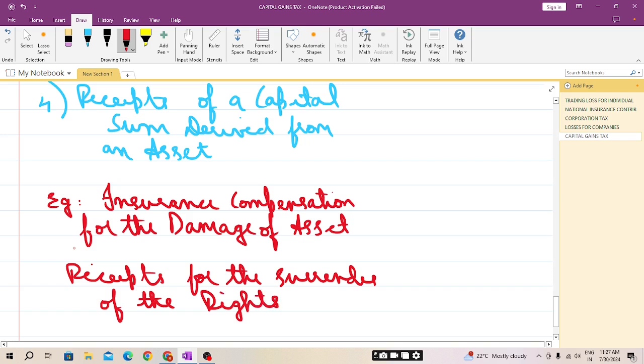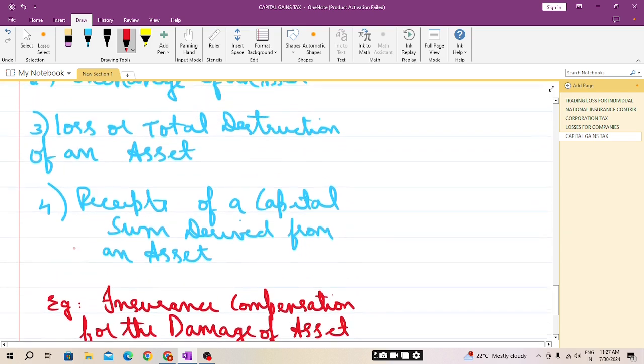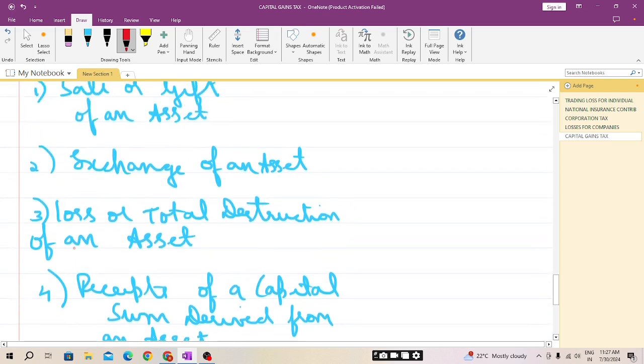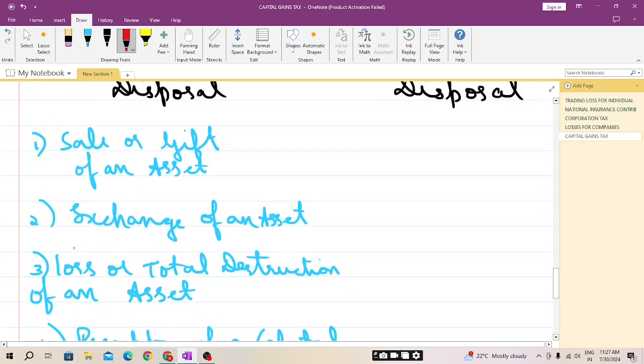So chargeable disposal means sale or gift of the asset, destruction or loss of the asset, exchange of an asset, and receipt of a capital sum which we receive from an asset. It includes the insurance compensation if our asset has been damaged and we have been paying the insurance, so we can claim the insurance amount, and the capital sum received by surrendering the rights of an asset.